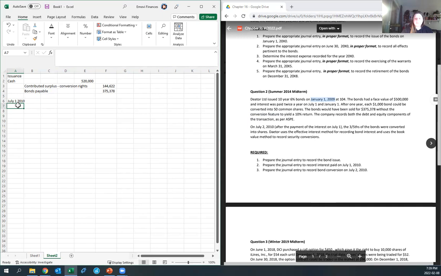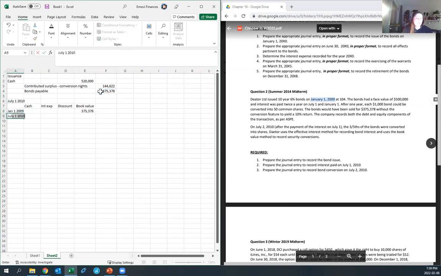So I'm going to have my cash, my interest expense, my premium, no, discount, and then my book value. So on January 1st, 2009, we had a book value of 375,000.